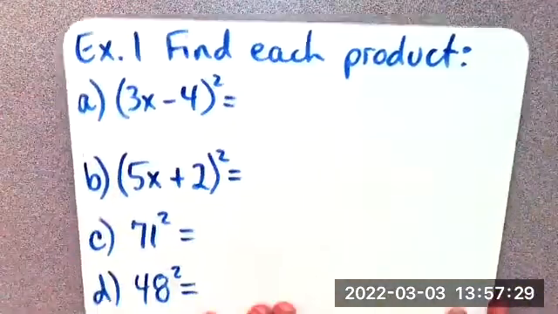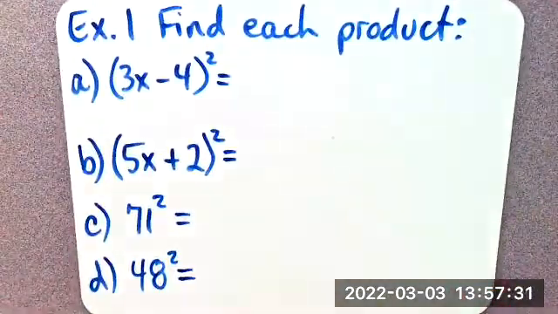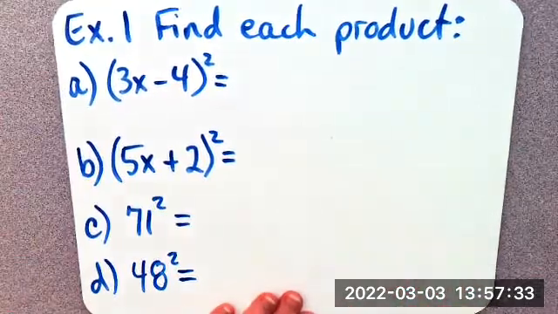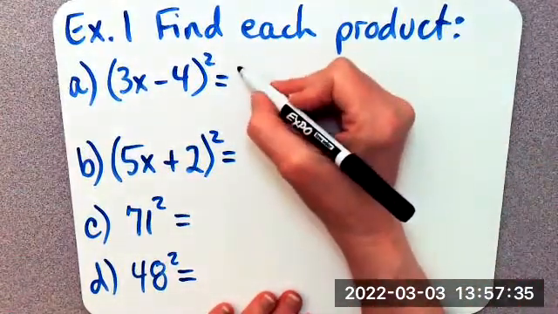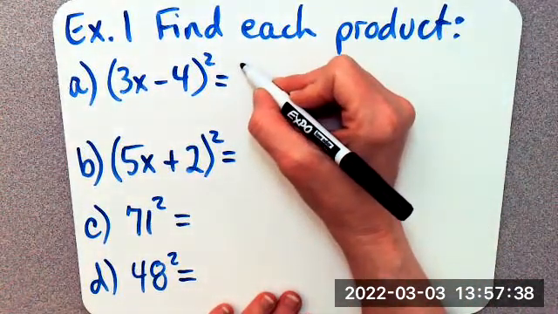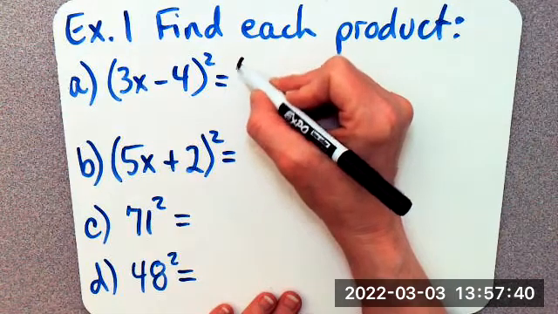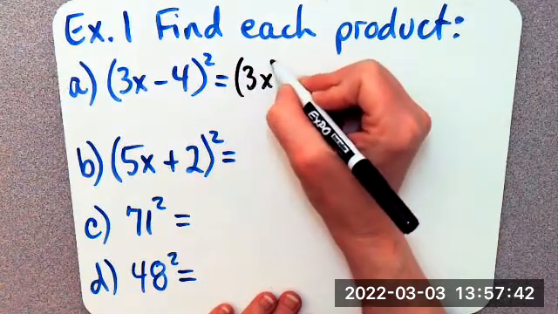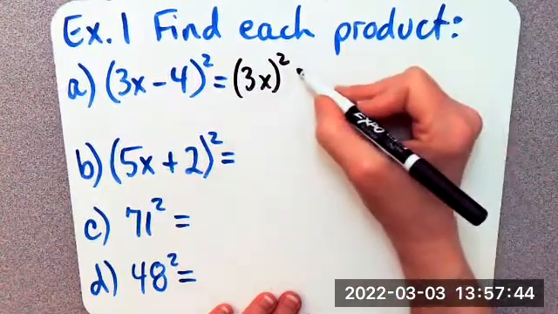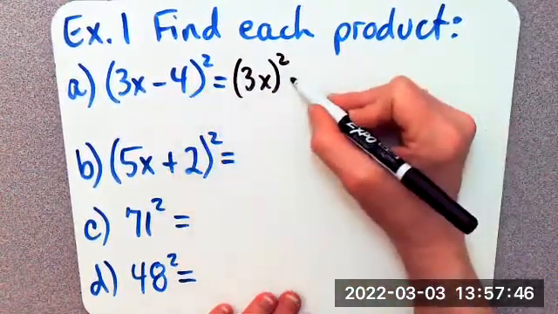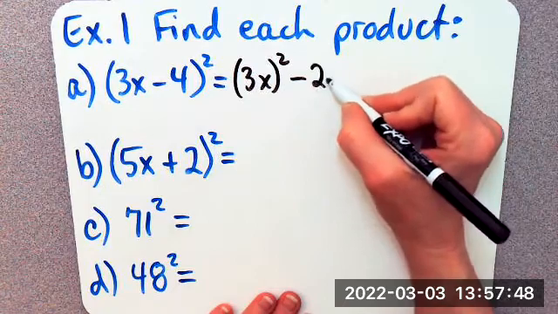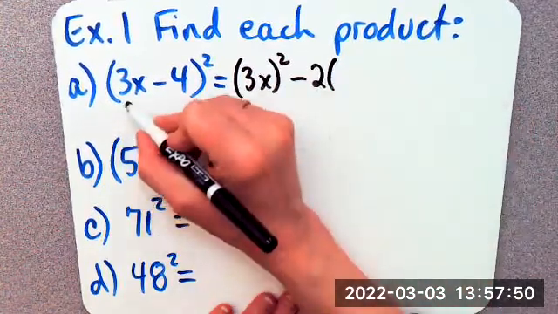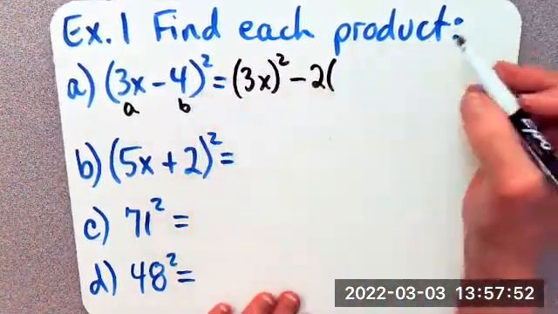All right, let's do some examples. We are just going to apply the formula. We could do FOIL, but let's just apply the formula. The first one was a squared, so we have 3x squared, and we have a minus sign, so this is going to be minus 2 times a times b.